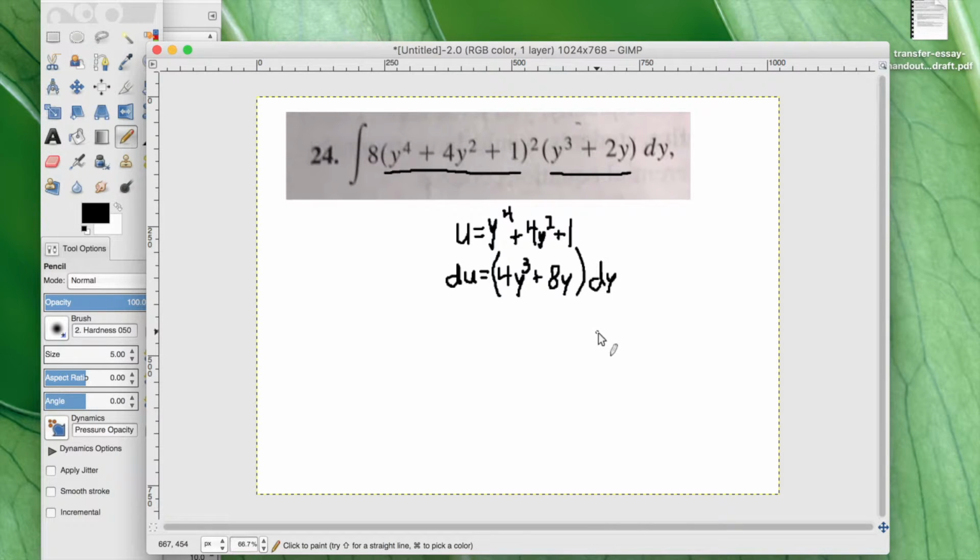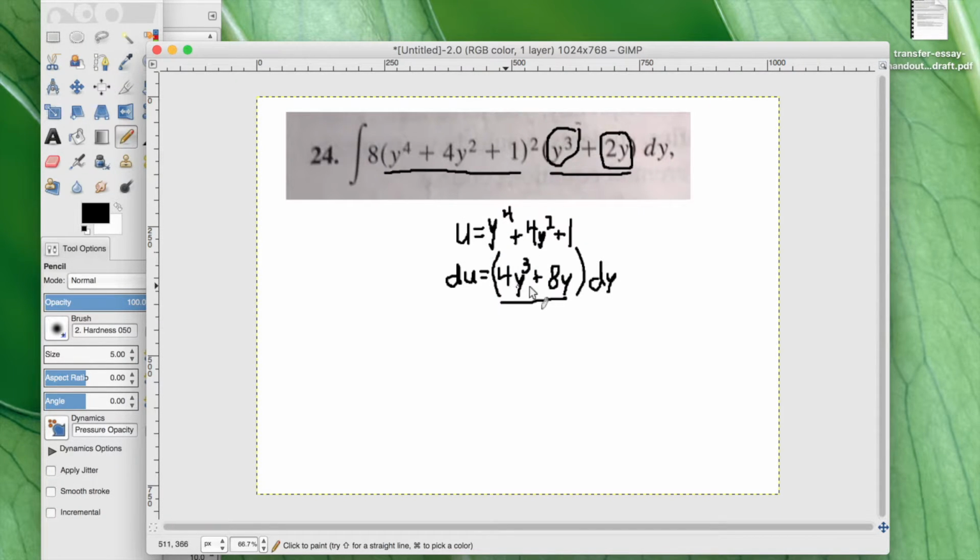So, do we have 4y cubed plus 8y anywhere in this equation? No, we don't. So what happens now? It seems like we're stuck. But if you look at this integral carefully, you'll realize that there's y cubed and that there's 2y.